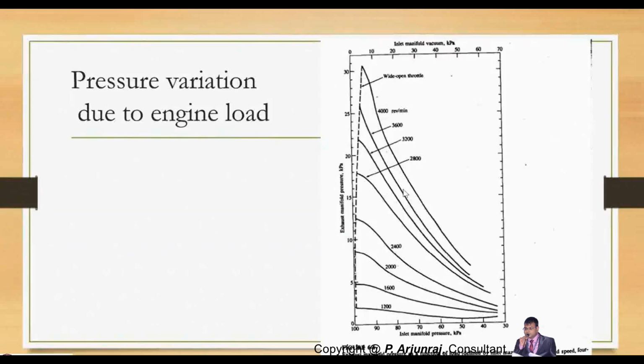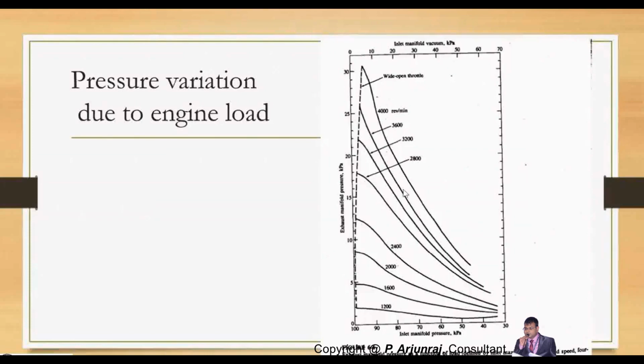So higher the speed, the pressure is going to be higher on the exhaust side. When the exhaust manifold pressure is higher, the pressure ratio is going to be higher. When the pressure ratio is higher, your volumetric efficiency is going to be higher. So with higher volumetric efficiency, obviously your compression ratio is also going to be higher.